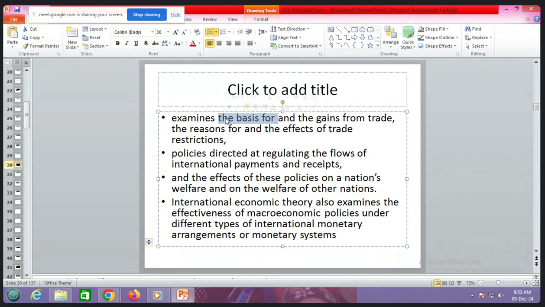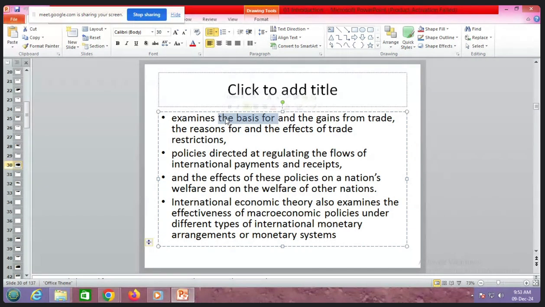Some I sell only domestically, some I sell to other countries, and some of the goods I import from other countries. The trade theories are trying to explain the basis of this trade. Why is trade taking place between the countries?